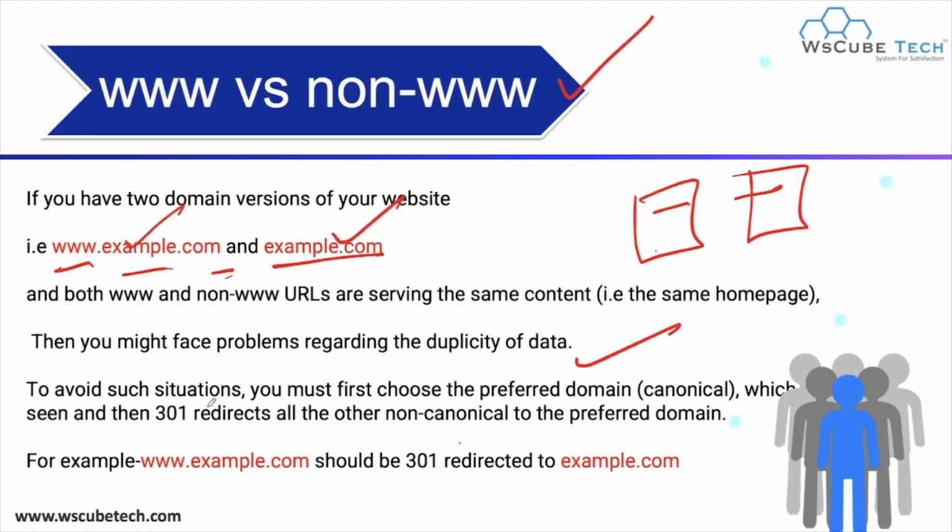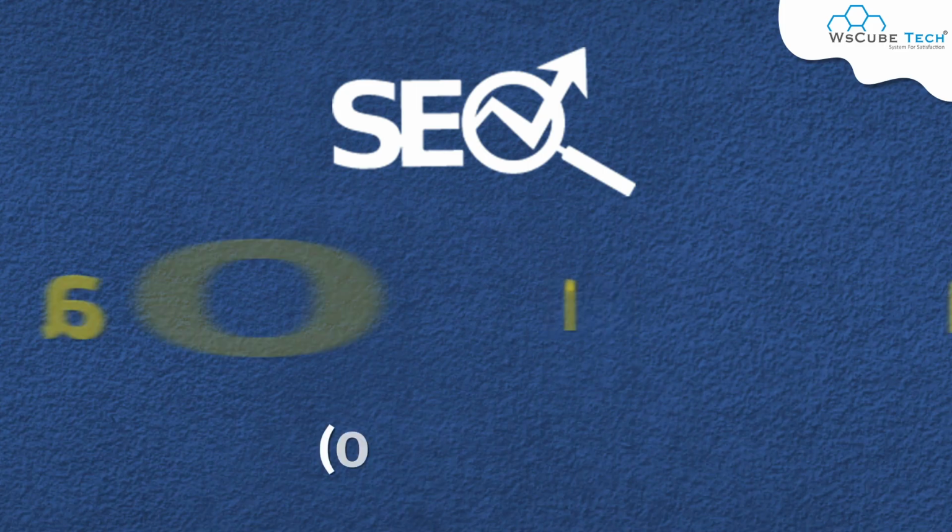So to avoid such a situation, you must first choose the preferred domain, that is your canonical, and then 301 redirect all the other non-canonical versions to the preferred domain. For example, this should be 301 redirected to this particular domain name here. So that's how you can fix this particular issue.